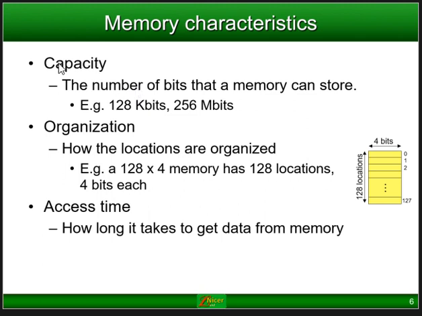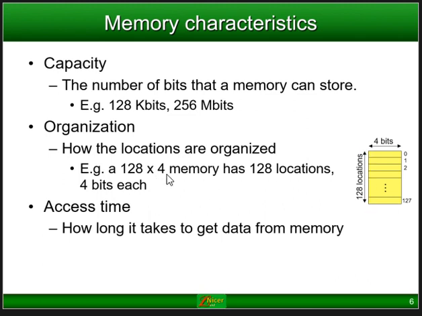The first concept that we looked at is capacity, which is the number of bits that a memory can store, which in this case could be 128 bits or 256 bits, etc. And the organization, how it's organized. Normally, if it says here 128, it means you've got 128 positions, locations from top to bottom.